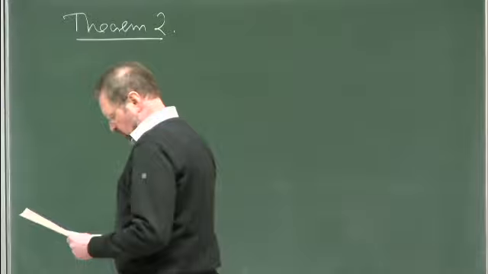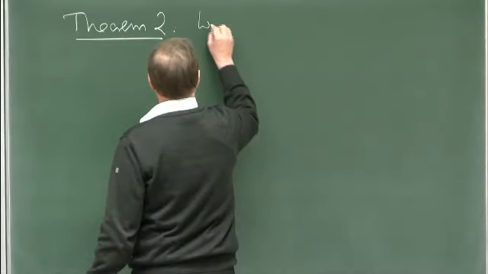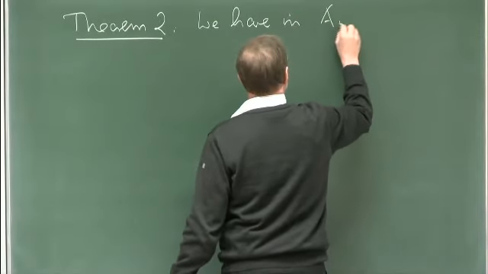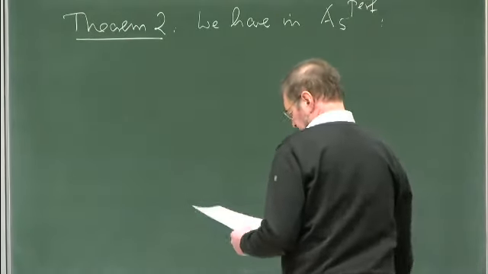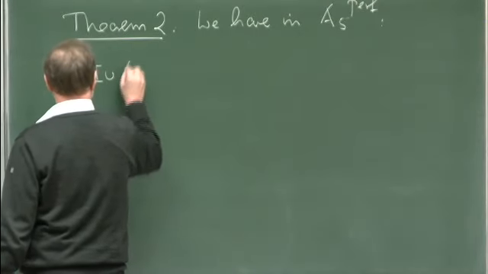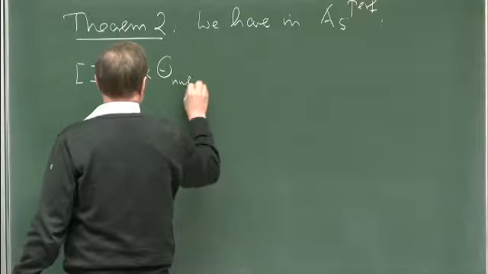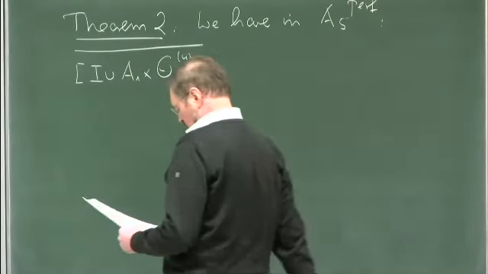So let me state theorem 2 also by us. We have in A_g^perf the following. We now take again the union of A_1 cross ..., take the closure of that.